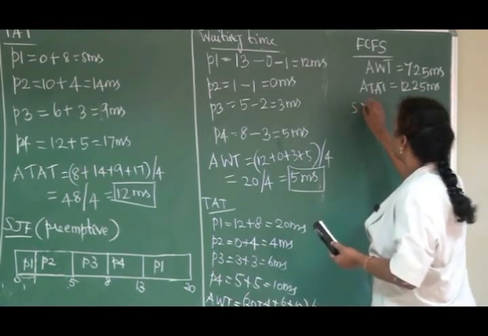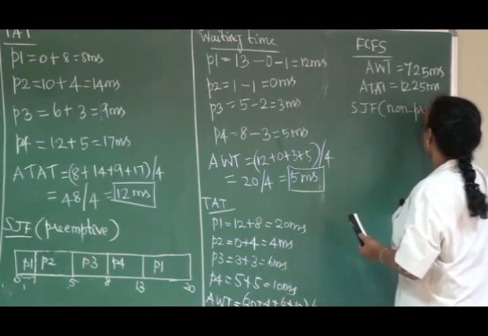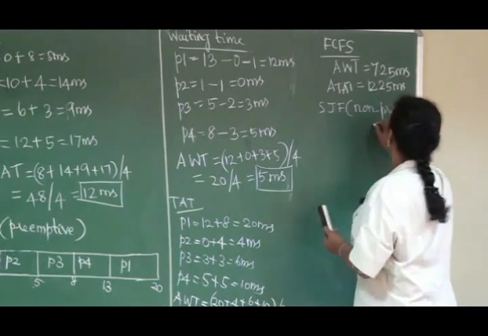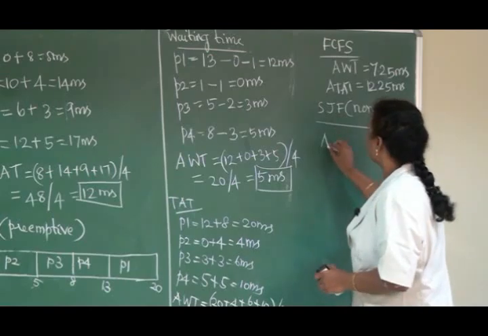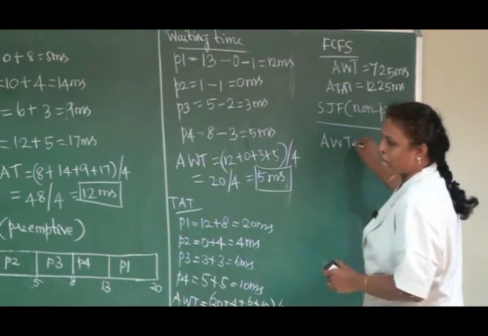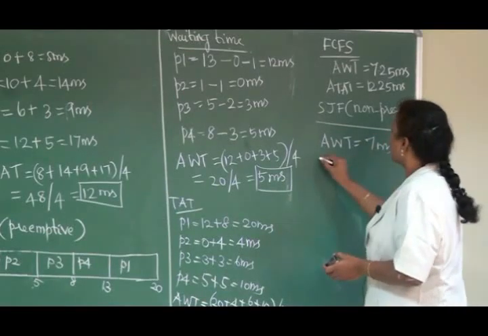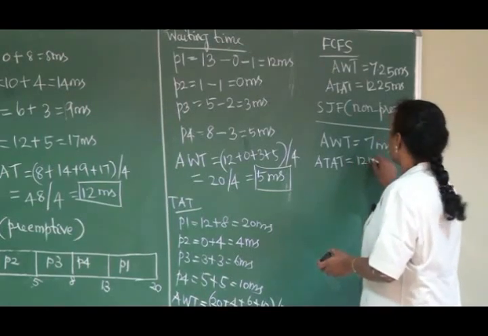and for SJF non-preemptive, average waiting time is 7 milliseconds and average turnaround time is 12 milliseconds.